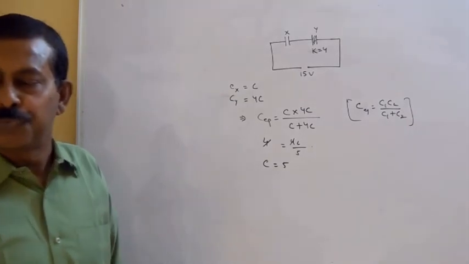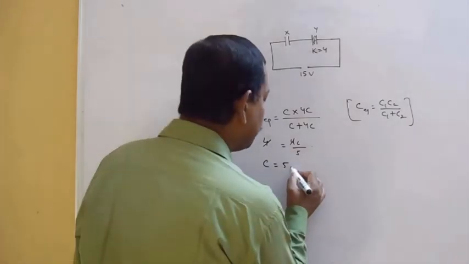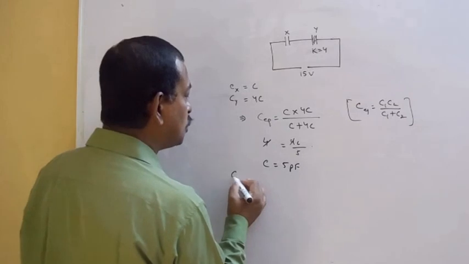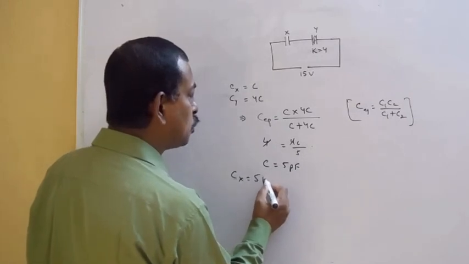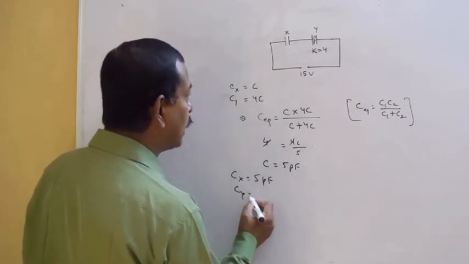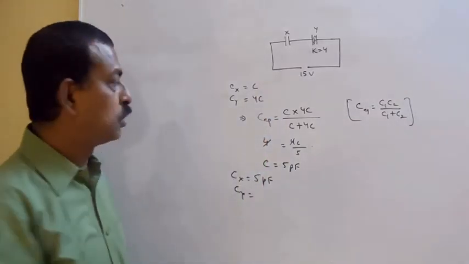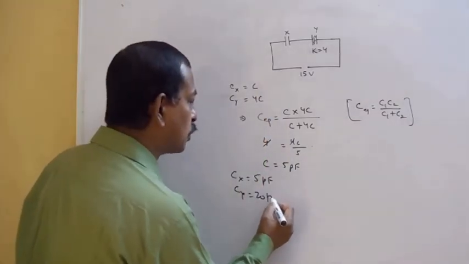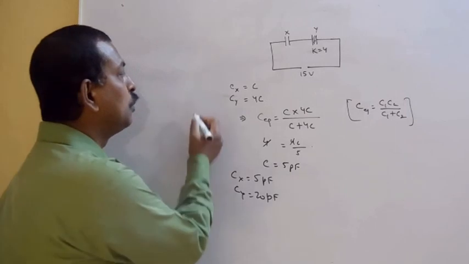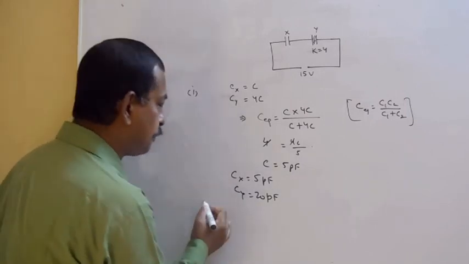So C is 5 picofarad, and so Cx is 5 picofarad, and Cy, as it is 4 times, will become 20 picofarad. This is the answer to the first part.